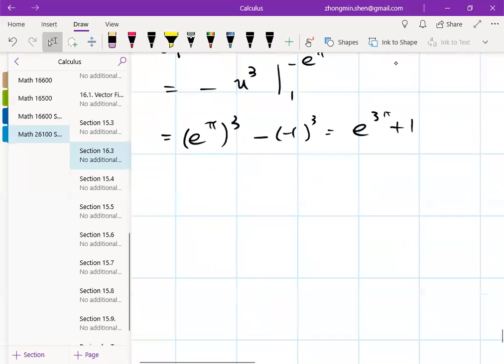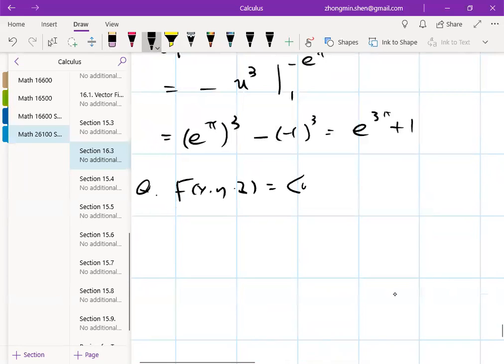Let's quickly do one more problem. Okay, so f here is a function of 3 variables. No, this one we did before. Let me pick up another problem from the book. Okay, number 15.